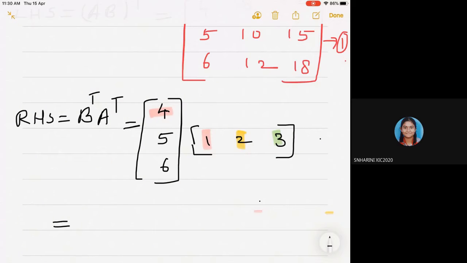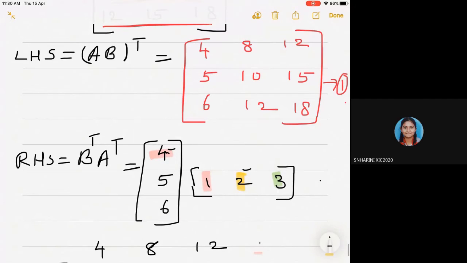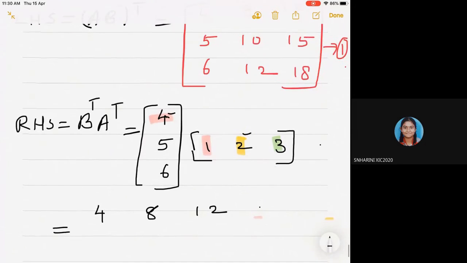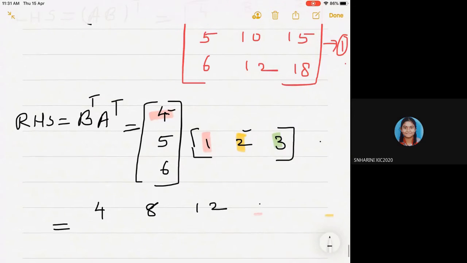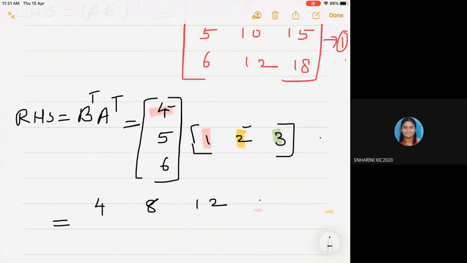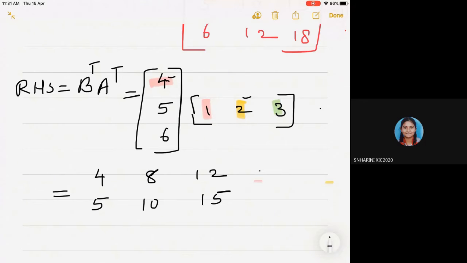So now you get 4 into 1, 4, then 4 into 2, 8, 4 into 3, 12. Again, the second row, multiply with each column, you get 5 into 1, 5 into 2, 5 into 3. Then the third row, 6 is multiplied with each column, that is 6, 12, 18.